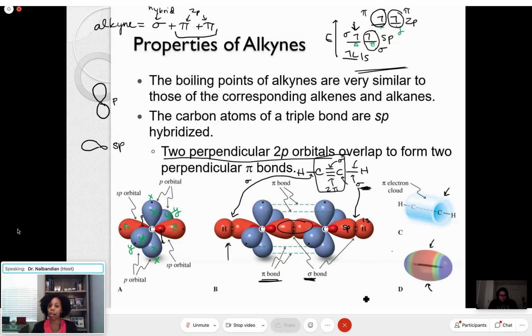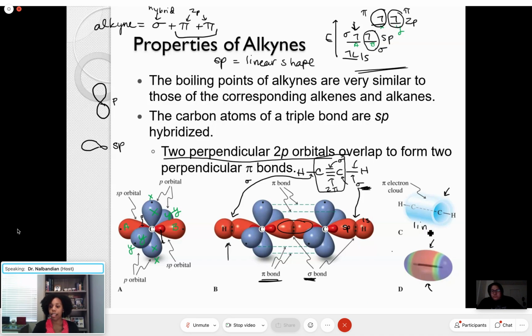So we have our sigma bonds and our pi bonds. Which one's weaker? Remember, pi bonds are higher energy bonds, and so they are weaker bonds, exactly what we said last chapter with the alkenes. So we end up with these two weak pi bonds that are going to allow us to do chemistry, and then we have this sigma bond. But remember, with sp hybridized carbons, it's going to be a linear shape.